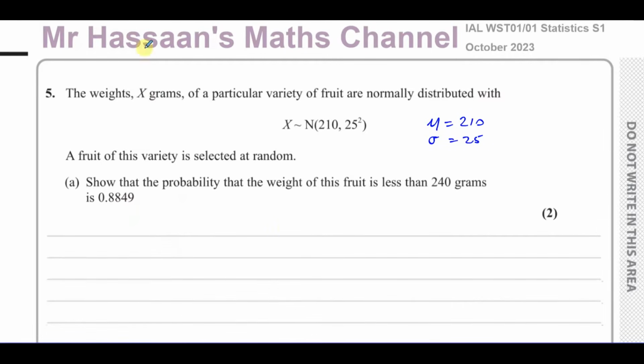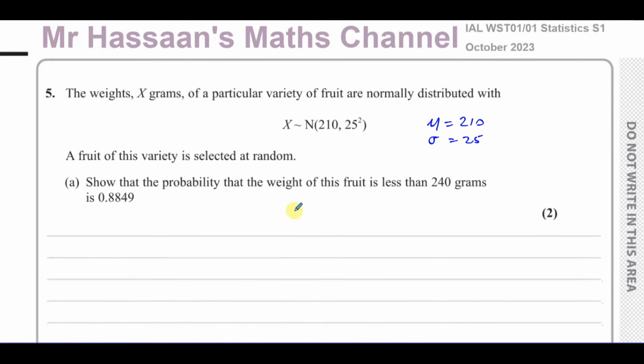Okay, so we're going to have to understand how to standardize the scores that we have. We're going to standardize the weights of the fruit such that we transform the distribution so that the mean is 0 and the standard deviation is 1, which is what the table of values for the normal distribution is based upon.